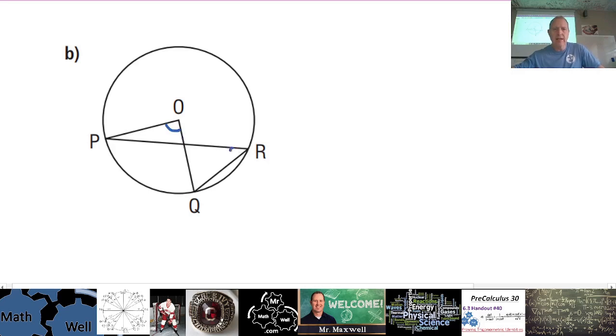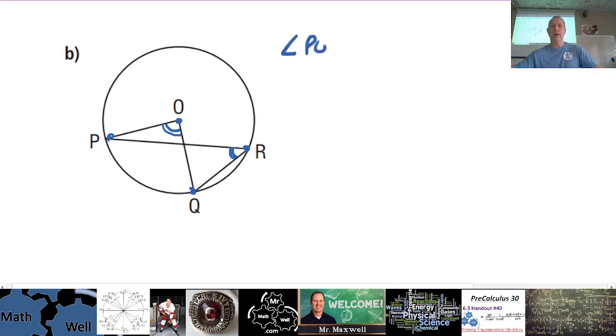And this is an inscribed angle that subtends the same arc. So whatever angle POQ is, PRQ will be, well, not the same. It looks pretty close to the same, but it should actually be half. This one is bigger and this one is smaller, because this is a central angle, this is an inscribed angle. So keep that in mind.